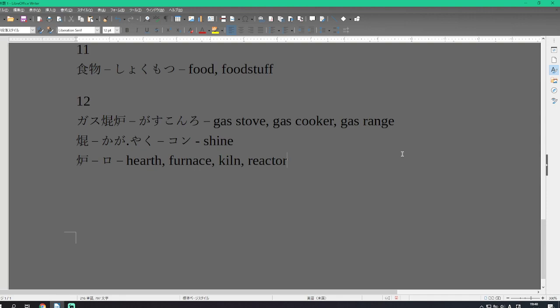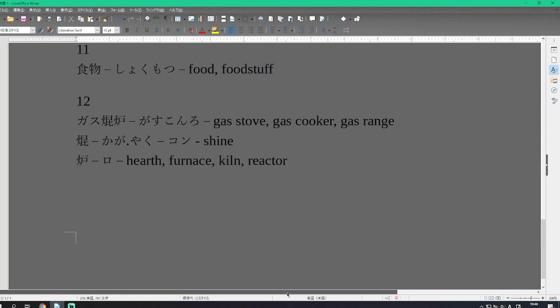Gasu konro is a gas range or cooker. Gasu konro. Gas stove or heater.